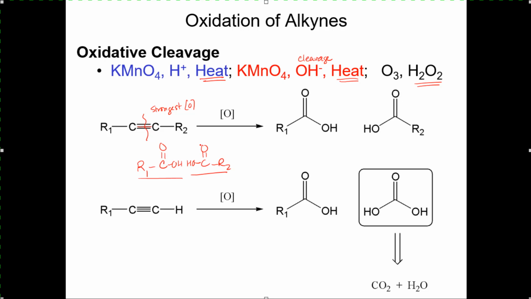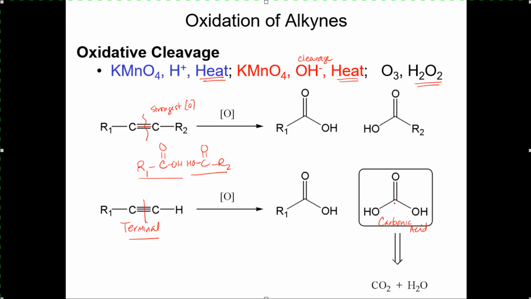So whenever you oxidize a triple bond, you're always going to end up just with the carboxylic acids directly. Now, if you do oxidative cleavage on a terminal alkyne, we're going to split this apart and we're again going to make our carbonic acid. And the carbonic acid then breaks down to CO2 and water.